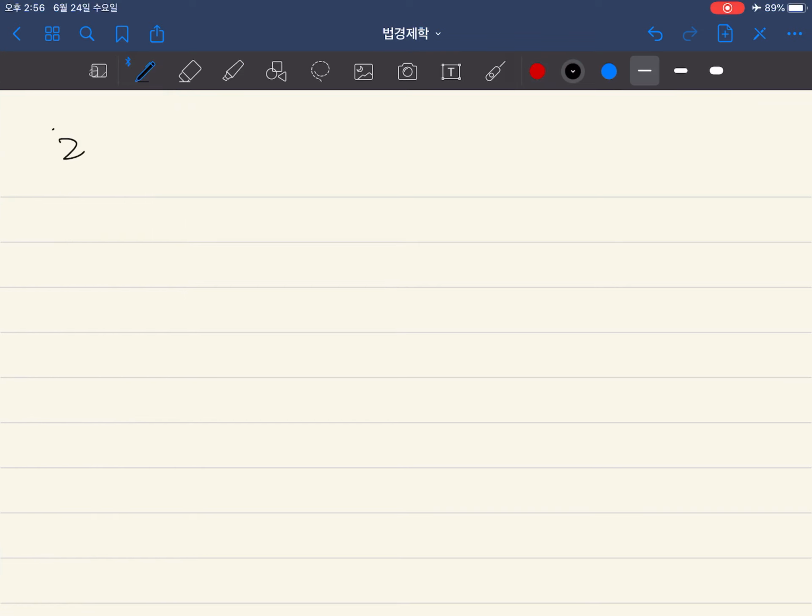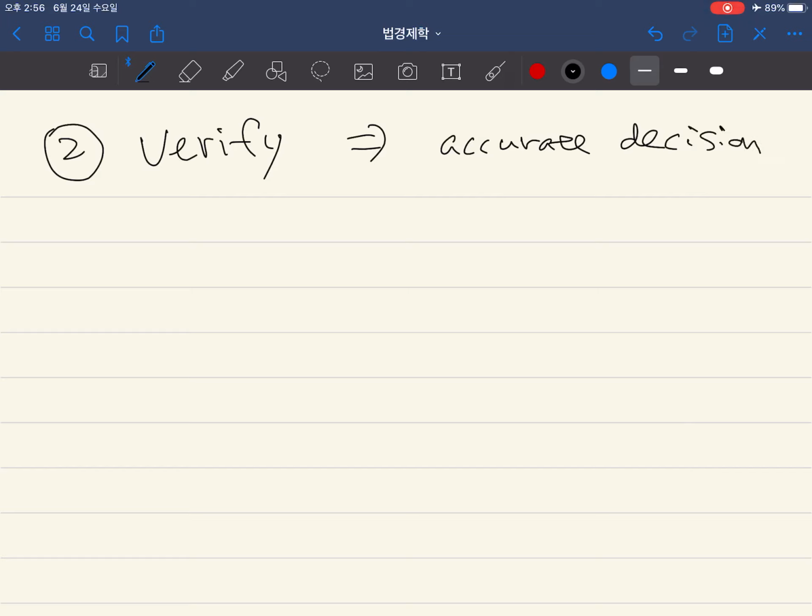So now let's think about what's going to happen if the court verifies the level of harm. In this case, the court is going to make an accurate decision. Because of the verification process, now the court knows exactly whether harm is small or big.